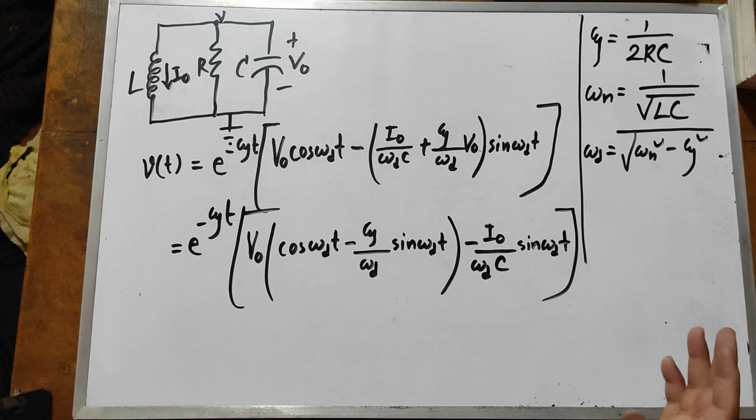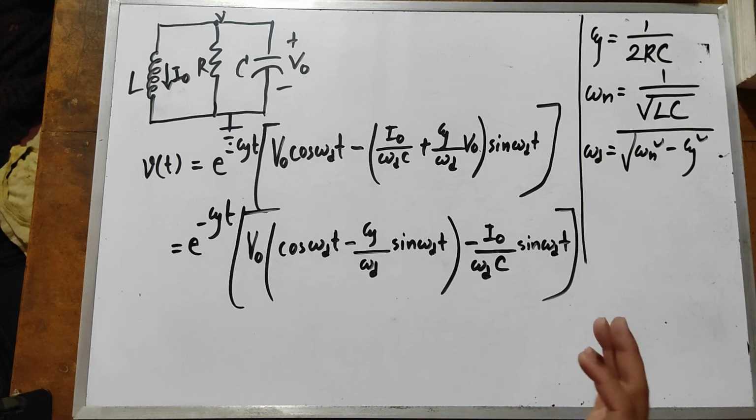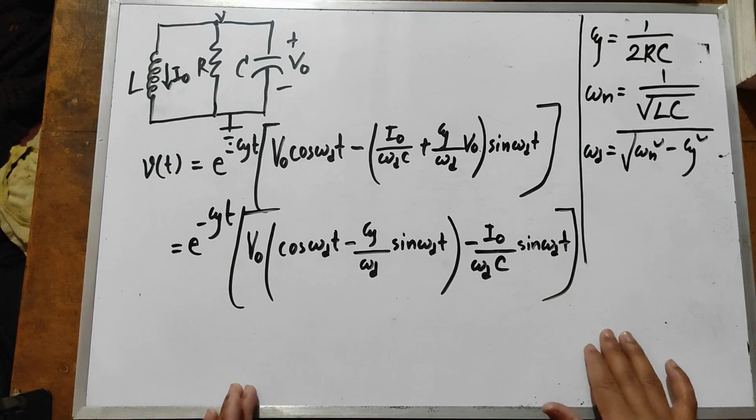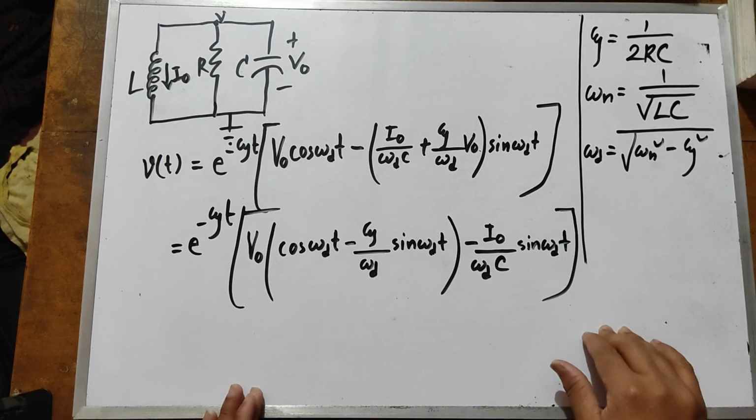So this tells us that the parallel RLC circuit is the electrical dual of the series RLC circuit. This is the response of the source free parallelly connected RLC circuit.